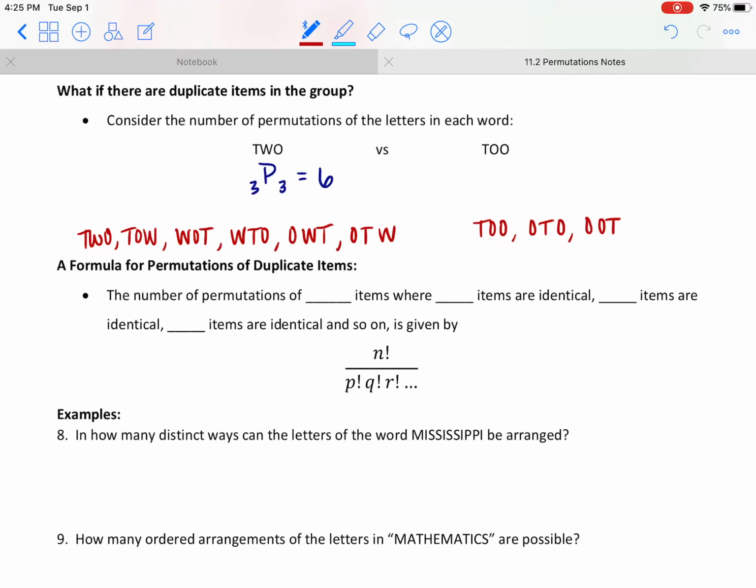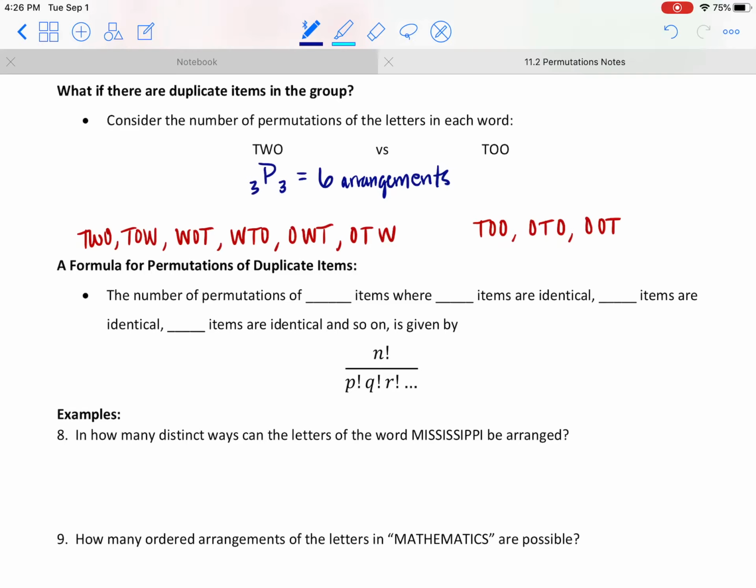Although technically this should have been 3P3 again, right? We're choosing 3 letters from the group of 3, but that's only something we can do if there aren't duplicates. If there are duplicates, what's going to happen? Well, the first time over here, we had 6 arrangements. And over here, we only had 3 arrangements.